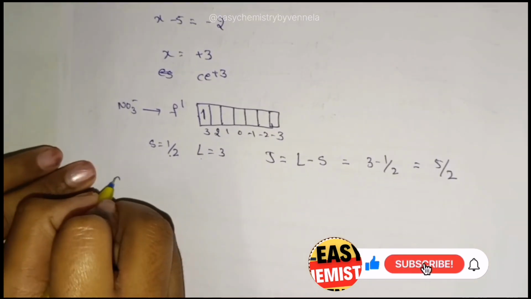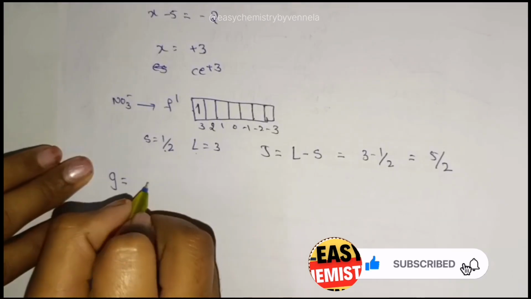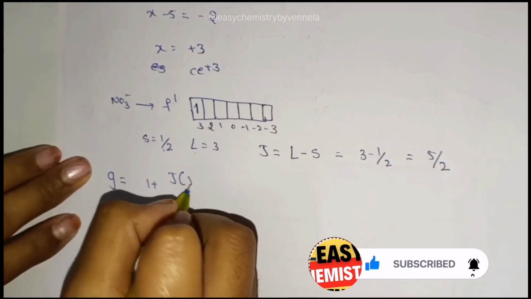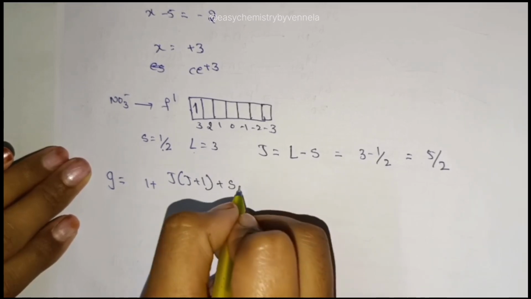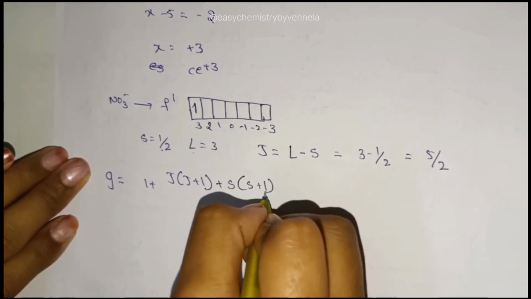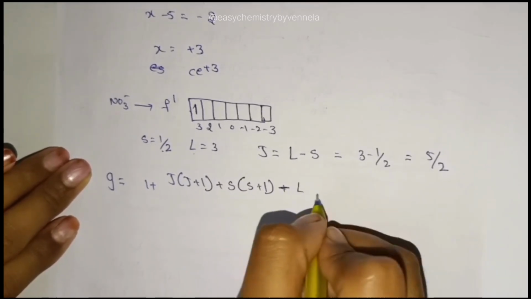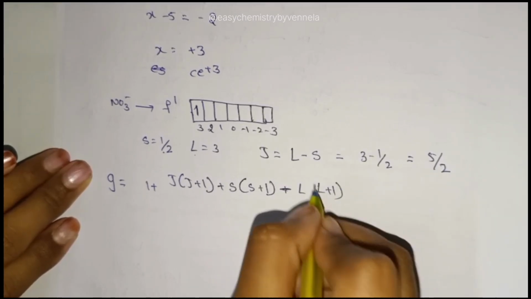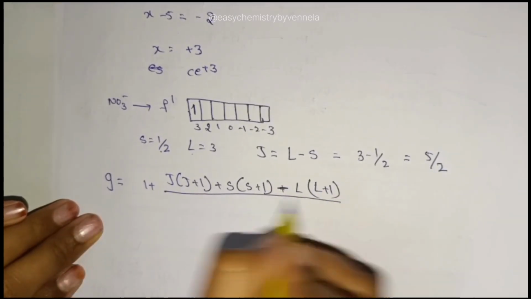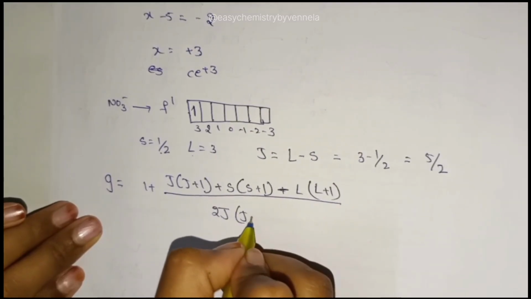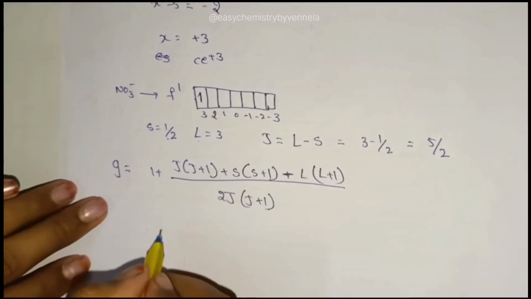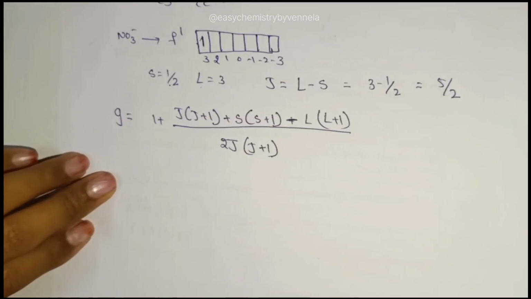So you can find the next G value. 1 plus J into J plus 1 plus S into S plus 1 minus L into L plus 1, over 2J into J plus 1. This is the formula to find the G value.